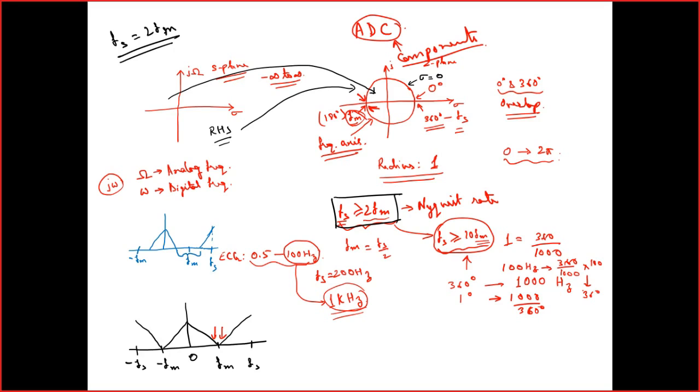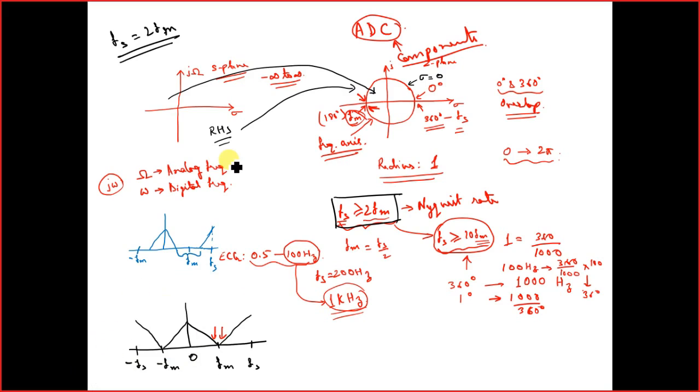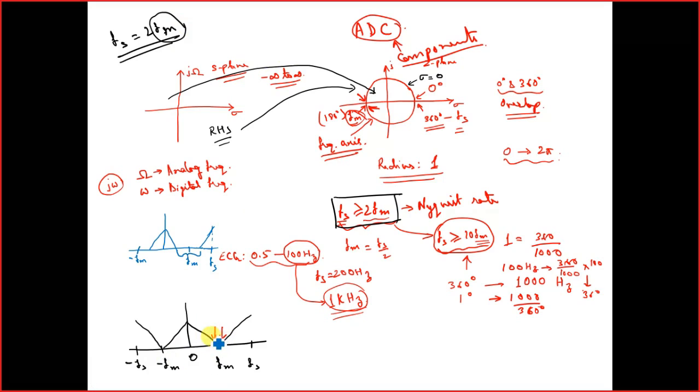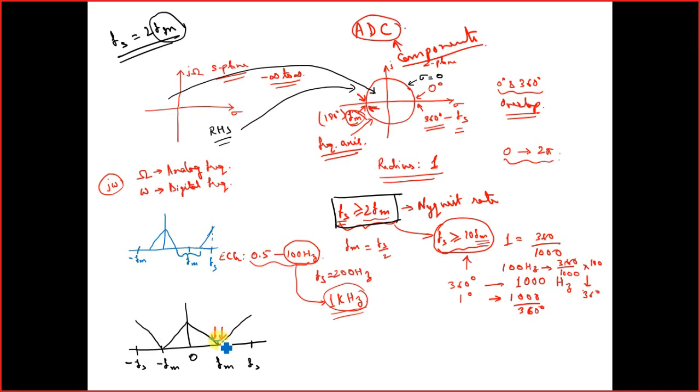Now what happens in the spectral leakage? It is technically similar to aliasing. So when aliasing happens, when we are not limiting the fm, in that case there would be mixing of this frequency component over here.